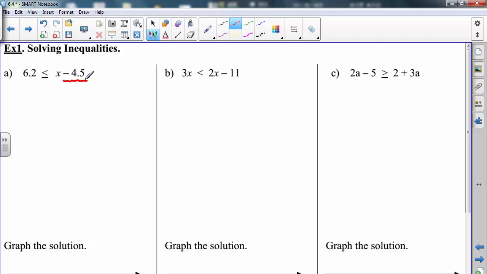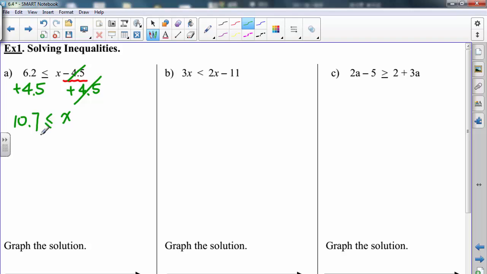If we want to cancel this negative 4.5, we need to add 4.5 to both sides. Negative 4.5, positive 4.5, you can cancel them out. On the right side, I only have x left. On the left side, 6.2 plus 4.5 adds up to 10.7.